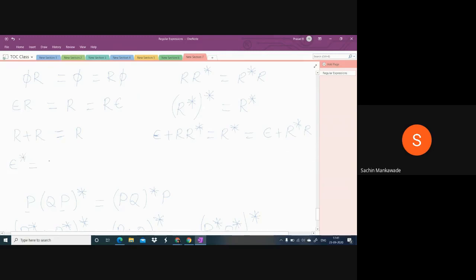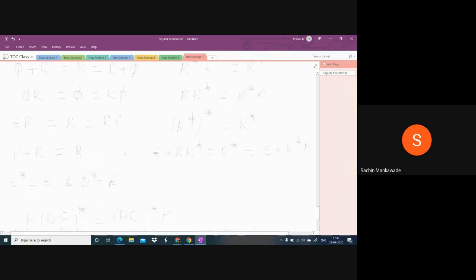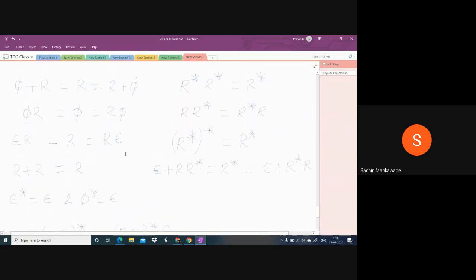So if you write epsilon star, you will get epsilon, and at the same time, phi star is also epsilon. So copy all these identities. These are very much important. You have to remember all this. Phi plus r is r. Phi followed by r is phi. Epsilon followed by r is r. Like that. You just remember all these.